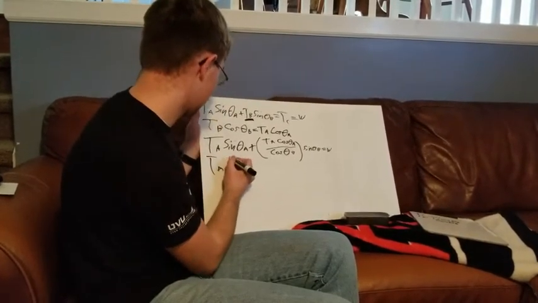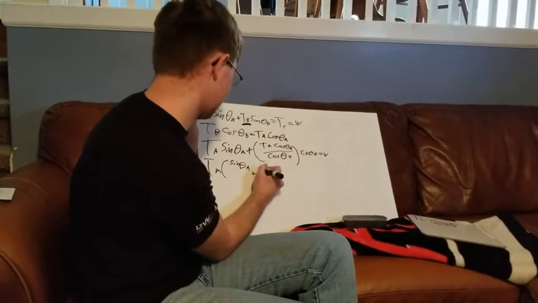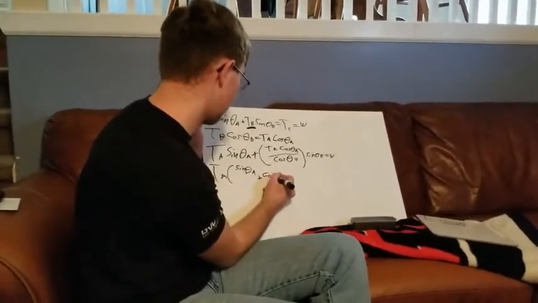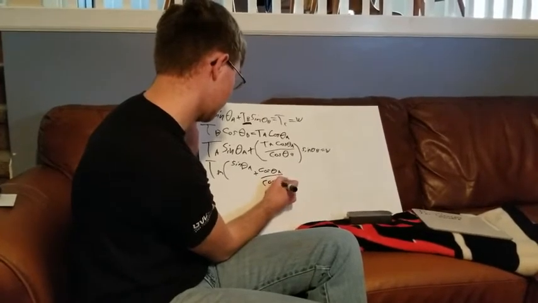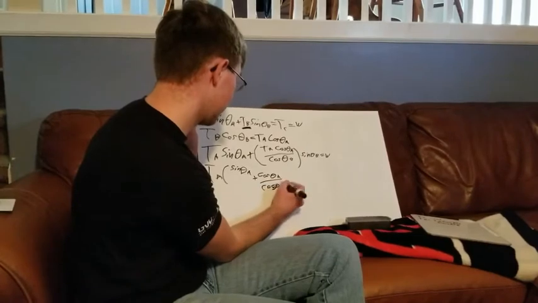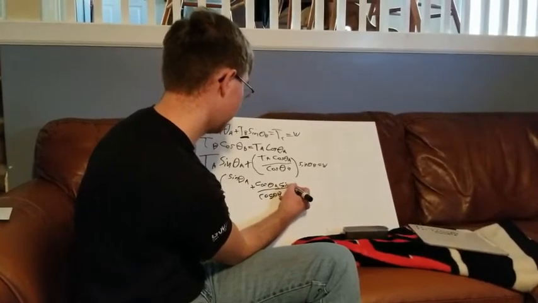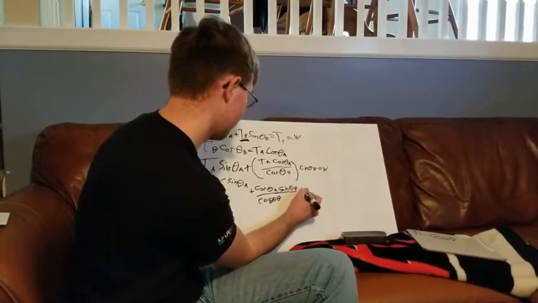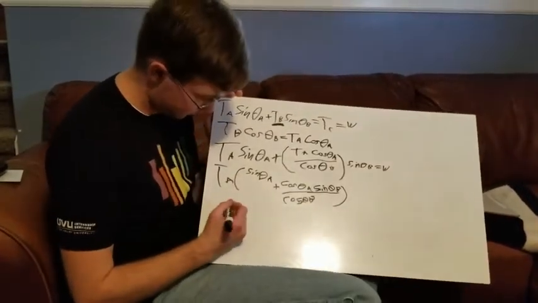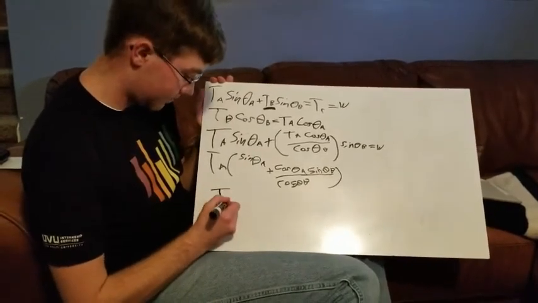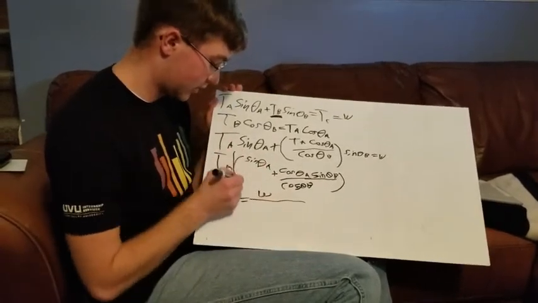Tension A times sine of theta A plus cosine theta A over cosine theta B, sine of theta B. And so tension A, I can solve for that now, equals W over all of this right here.